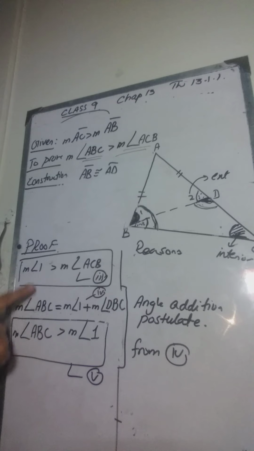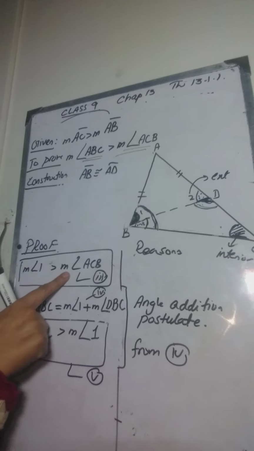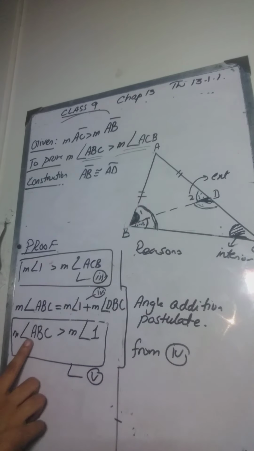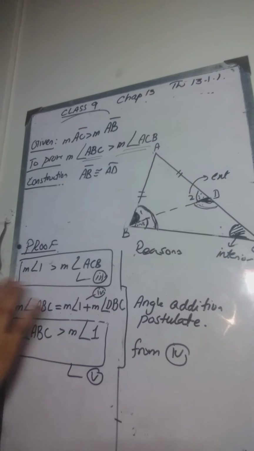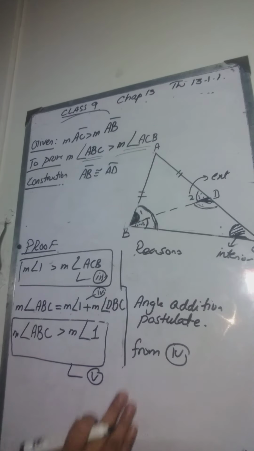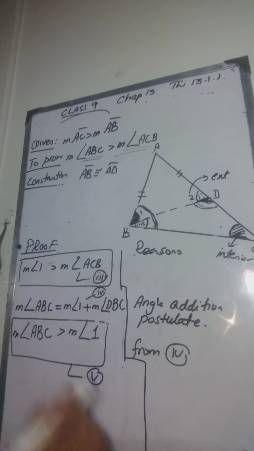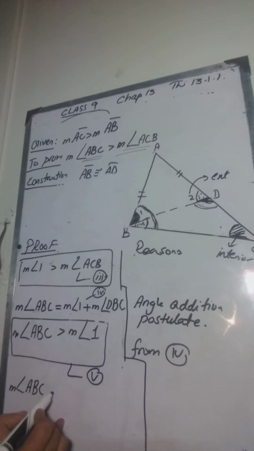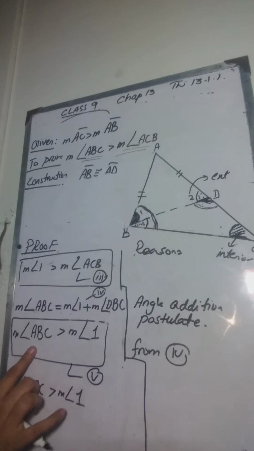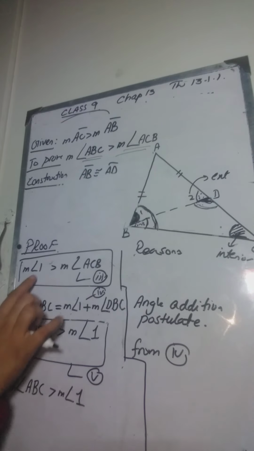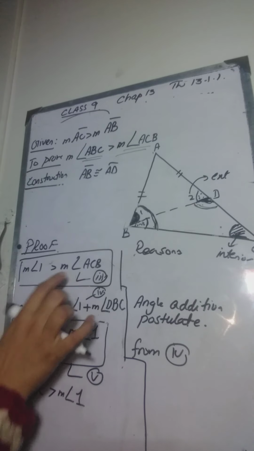Now if I sum up these two, angle 1 is greater than ACB and angle 1 is less than angle ABC. Let me write it in a line, then you will get to the result. ABC is greater than the measurement of angle 1 according to this equation, and from the other equation angle 1 is greater than ACB.